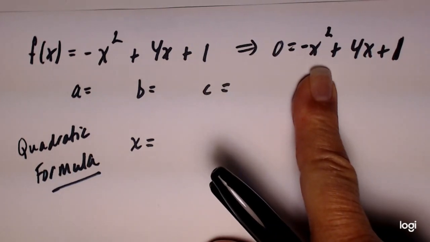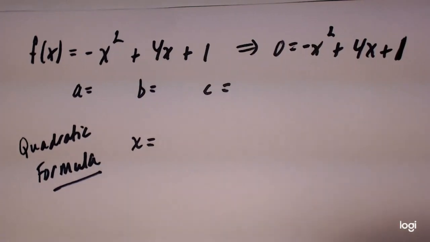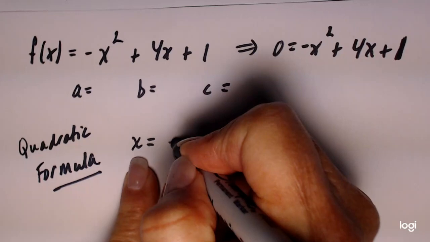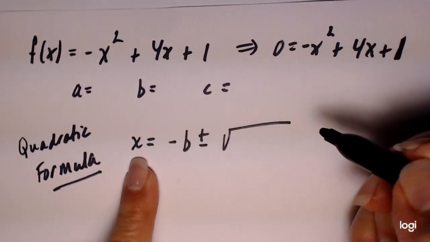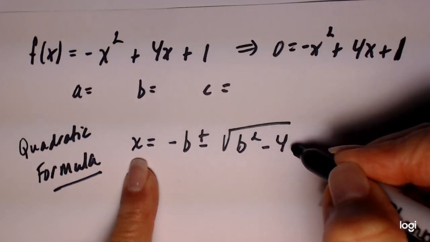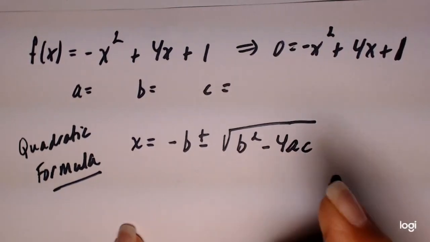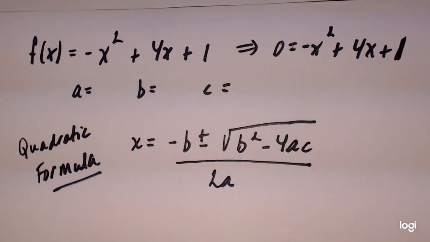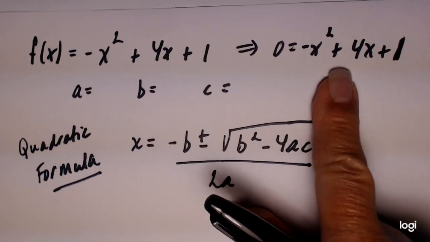So we are left then to use the quadratic formula, which is x is equal to the opposite of b plus or minus square root b squared minus 4 times a times c, all that's under the radical, and this is all over 2a. Now, a, b, and c are just the coefficients from our function.